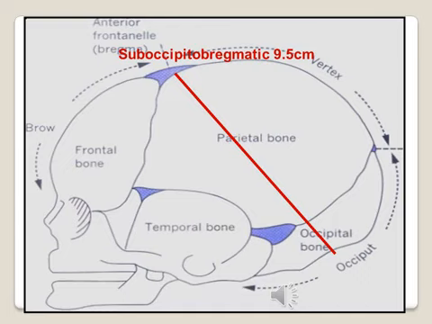So you can see here the vertex is presenting. You can easily feel the posterior fontanelle, and the way that you know that is because there are three suture lines going off there: the sagittal suture at the front, the lambdoidal sutures at either side, and the posterior fontanelle in the middle. And so now we'll go on to the next slide.